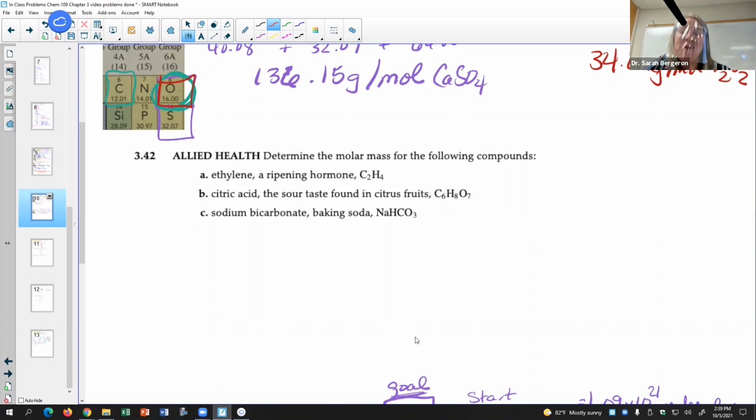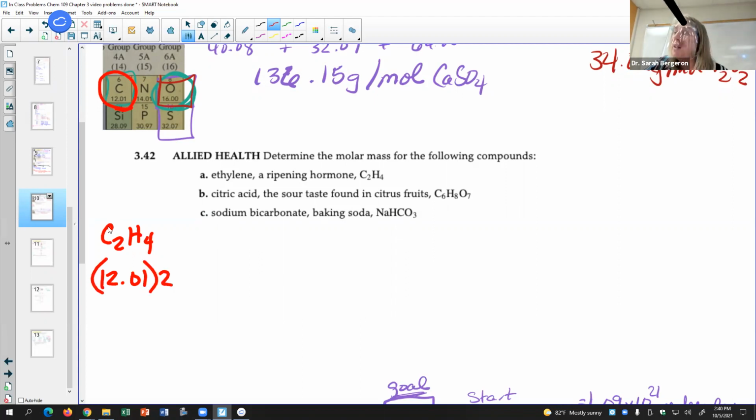Okay, so now we have to find the molecular mass of our ethylene. If we have C2H4, we have to take into account the mass of each individual atom in order to find the overall molar mass of the molecule. So if you look at carbon, what's the mass of carbon? 12.01. But do I only have one carbon atom? I have two. So I'm going to multiply that by 2.